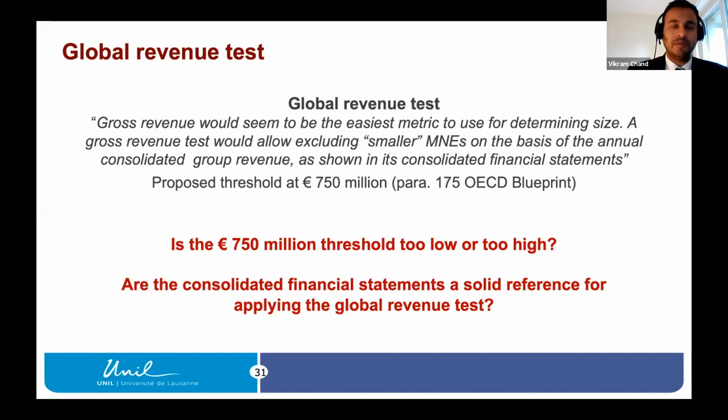So if this approach is taken and tax administrations are trained on a proactive basis on how the Amount A proposal is going to be scaled out, then I think as a starting point, the 750 million threshold could be a good starting point. And in fact, I would say that over a period of years, this threshold needs to be dropped down. It shouldn't be increased.